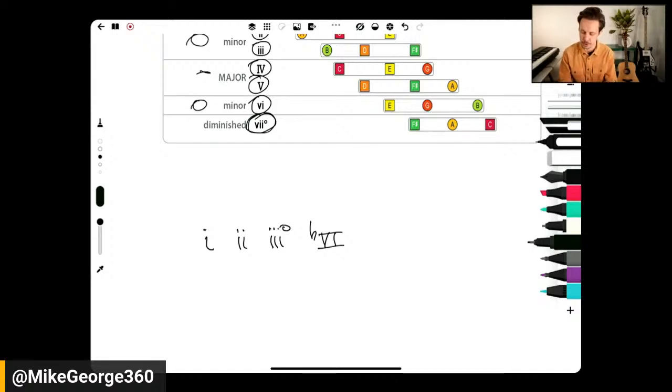It's based on a flatted sixth of the underlying mode, and it's a major chord. So the idea of Roman numerals holds up. It's just once you get into modes, you start applying more symbols, and it's just building upon the idea of Roman numerals.